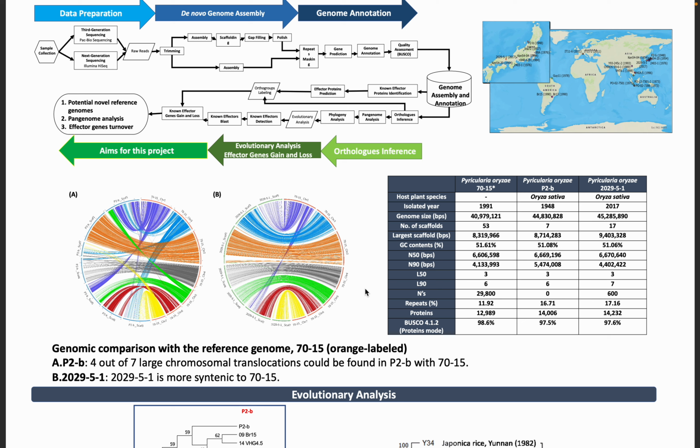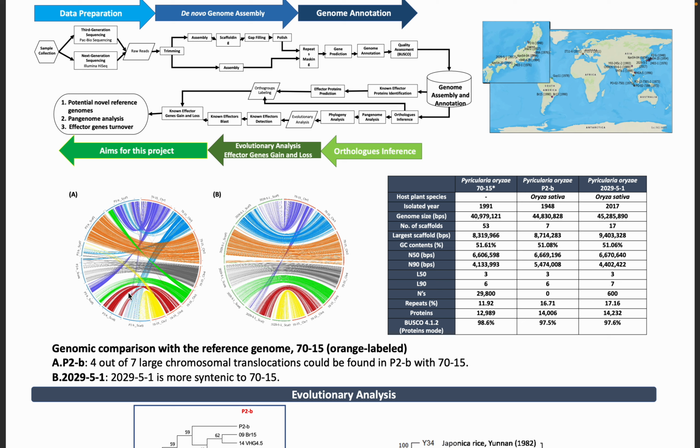And then we try to compare the genome composition with the original reference genome 1715, as I mentioned before. In the comparison with the reference genome 1715, which is labeled in orange in figure A, and the comparison with P2B, as you can see, there is some translocation between the genome composition of several chromosomes.